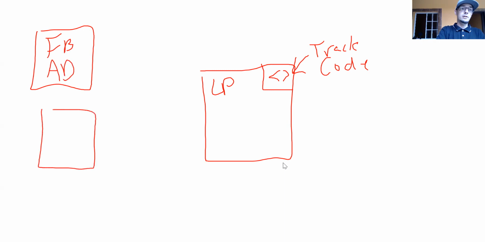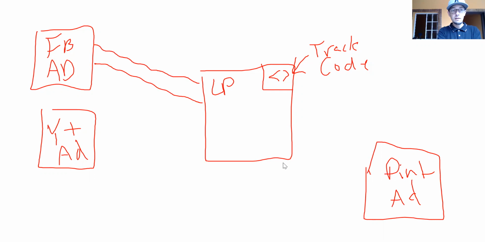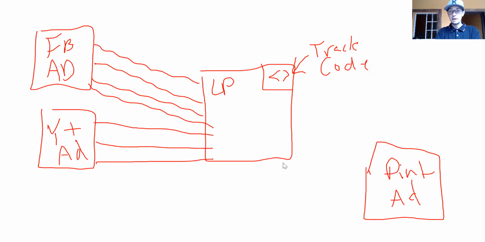Here we have YouTube ad. Over here we have Pinterest ads. Okay, so we create a campaign from Facebook and we start delivering ads on Facebook and sending people to this landing page. Same thing with YouTube, okay?